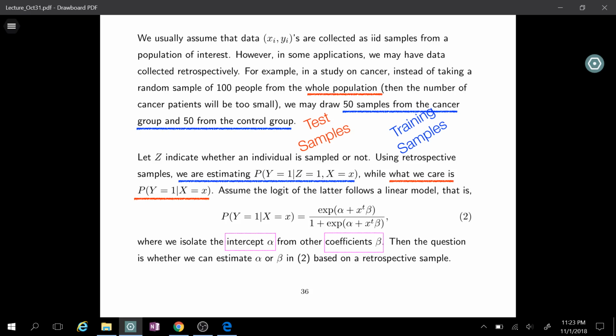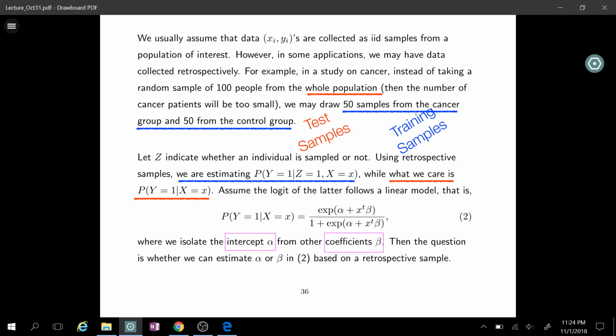This kind of sampling scheme is not very efficient. Instead, if we decide to collect 100 samples, we may just draw 50 samples from the cancer group and 50 from the control group, meaning the ordinary people.